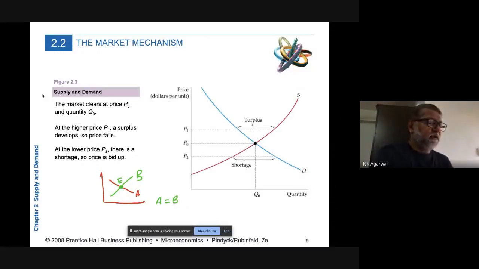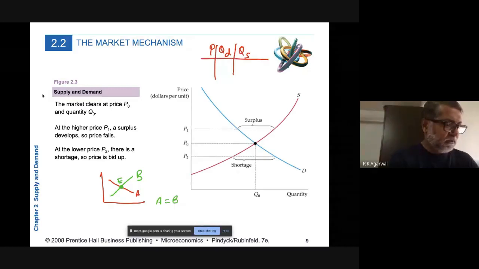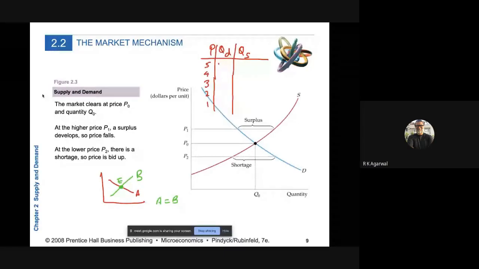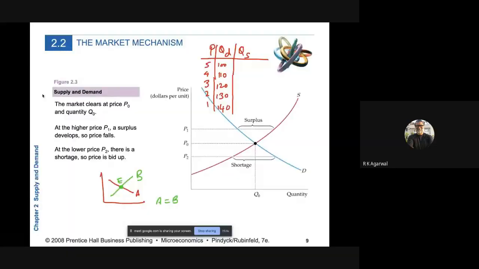I will give you one very simple numerical example. Say, for instance, this is the price, this is quantity demanded, this is quantity supplied. Prices are 5, 4, 3, 2, 1. Quantity demanded are 100, 110, 120, 130, and 140.